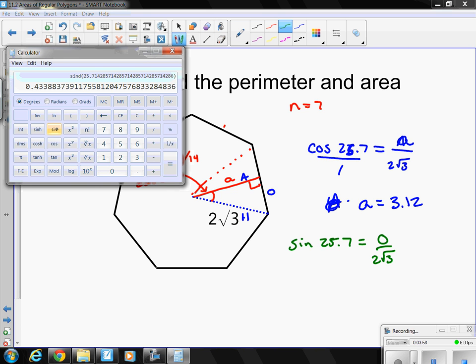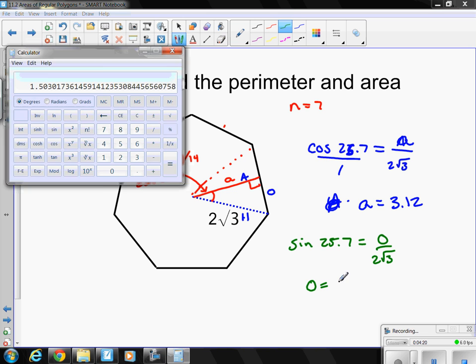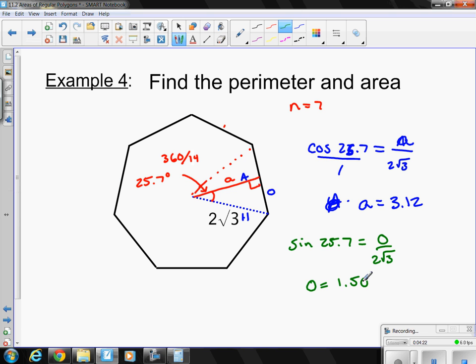Take the sine of it, and times this by 2 times square root of 3. We'll check it looks right, and enter. And I get the opposite side equals 1.50. I'm going to call this X.